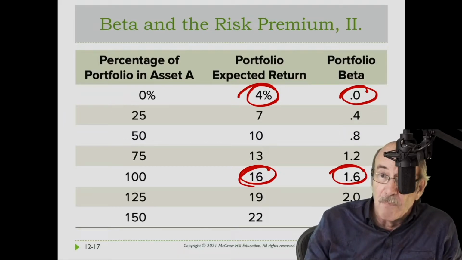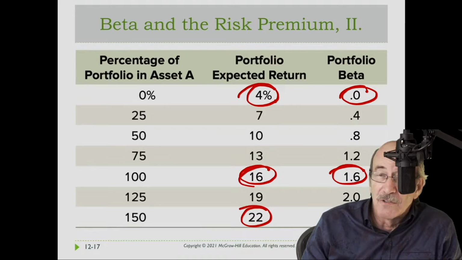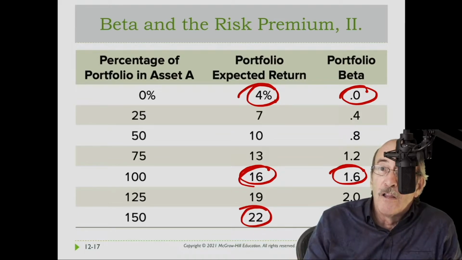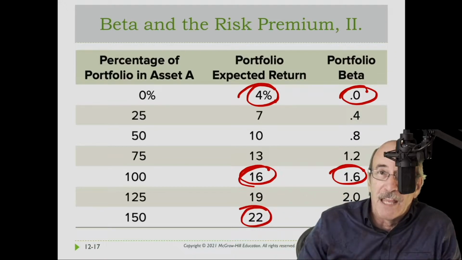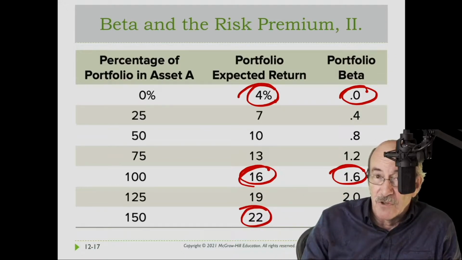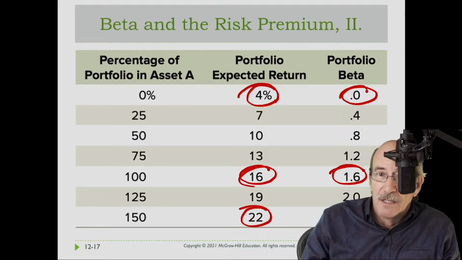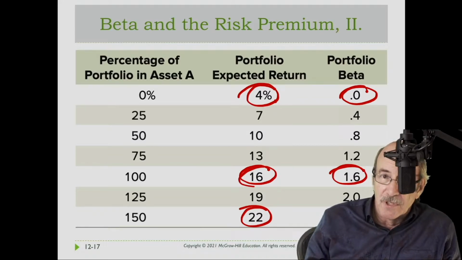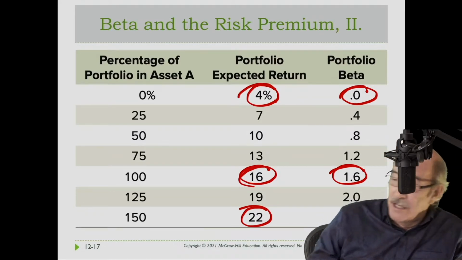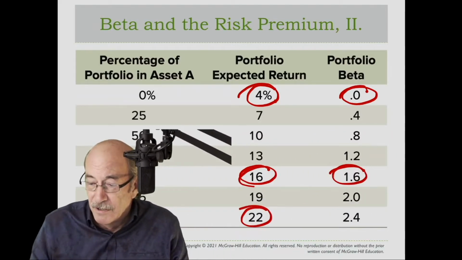We can actually borrow and increase our investment in A by 50%. So we have all of our money, plus we borrow half again as much, and we invest all of that in A, and we can get 22% return and a beta of 2.4.